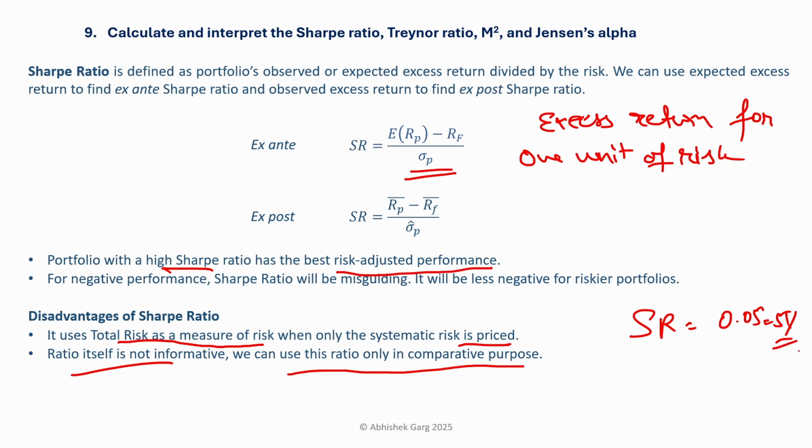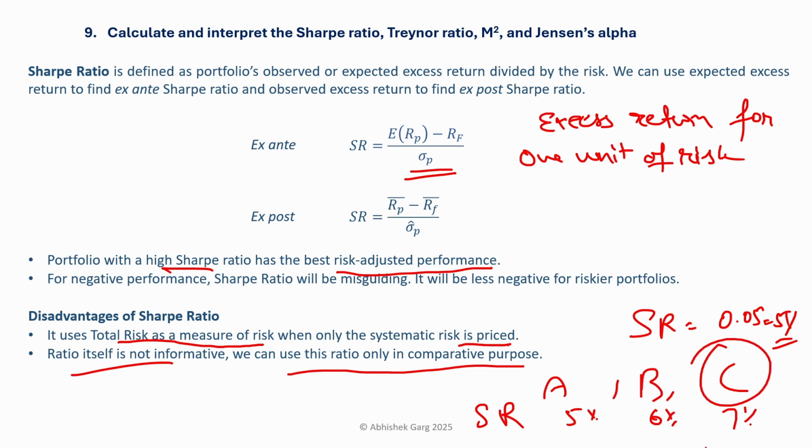So this 5% number in itself doesn't matter to us. What matters is if we are comparing three portfolios A, B and C, and we are given their Sharpe ratios, let's say 5%, 6%, 7%. In this case, this information is useful because we can choose portfolio C based on the Sharpe ratio. But the number itself doesn't matter. The ratio itself is not informative. We only use this ratio for comparative purposes.